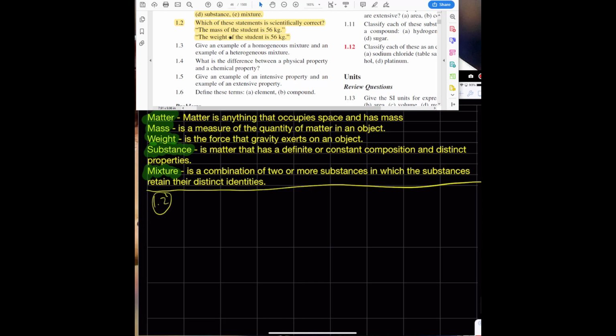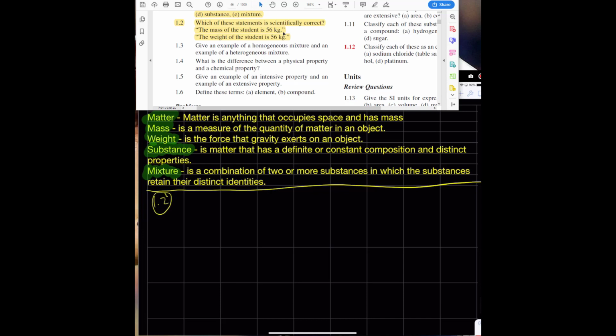Well, we would have to think the units that were given are kilograms, and these usually aren't given when we're referring to weight. They're actually the SI unit. We have kilogram for mass.